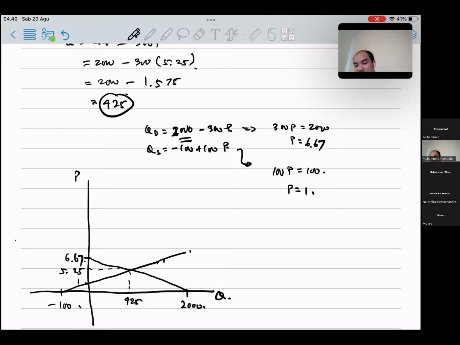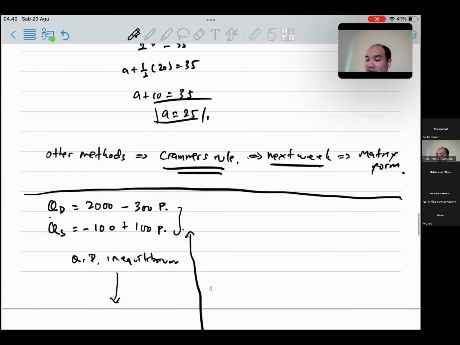Suppose you have a tax. Now, if you have tax, we use an extension of the demand and supply concept.